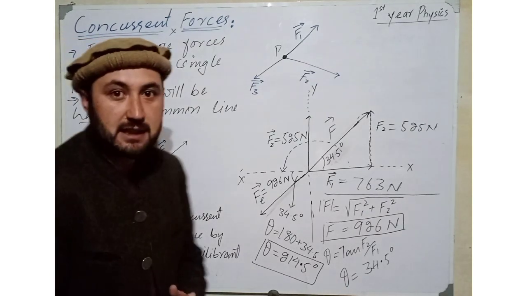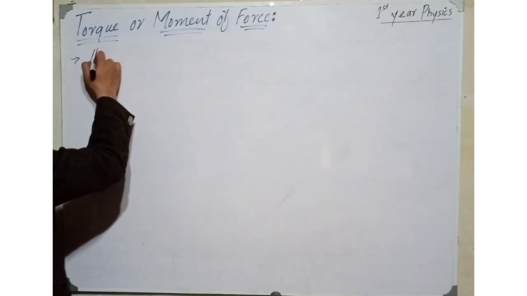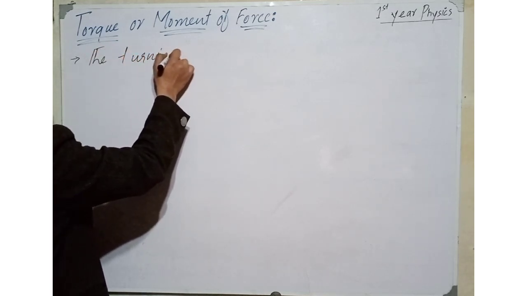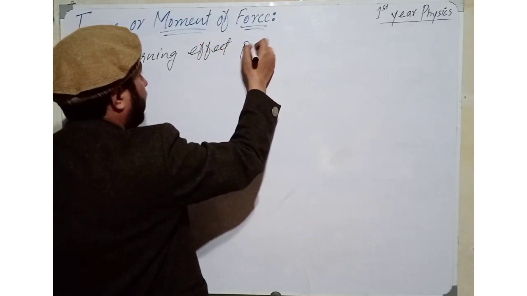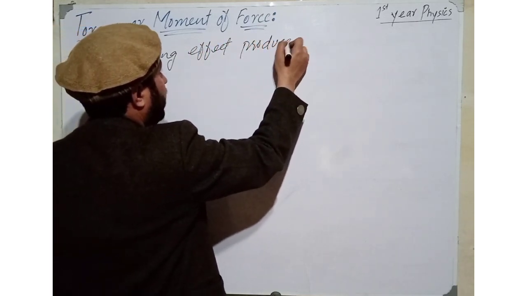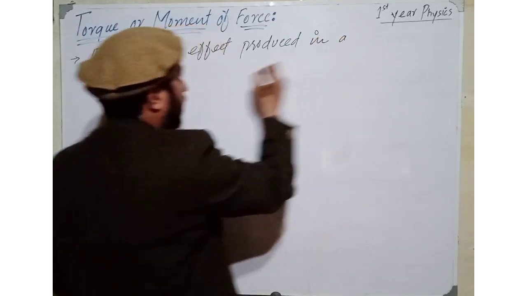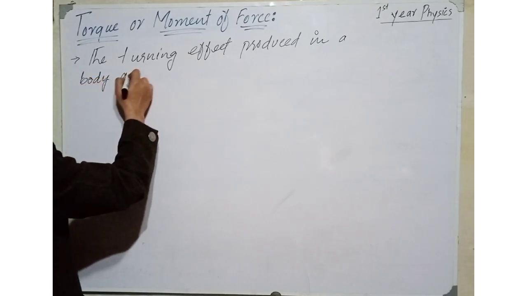Next we are going to discuss torque. Students, next we are going to study torque. Torque can be defined as the turning effect produced in an object or in a body about a fixed point.